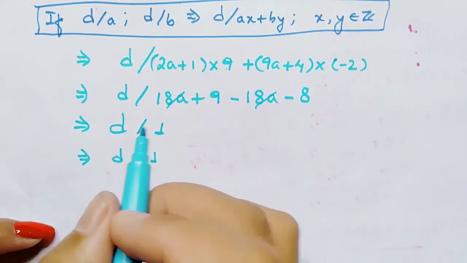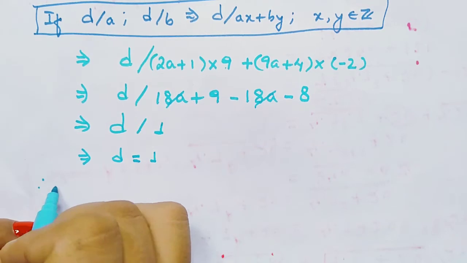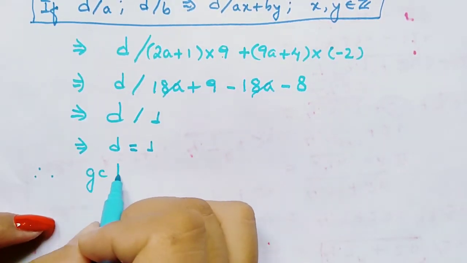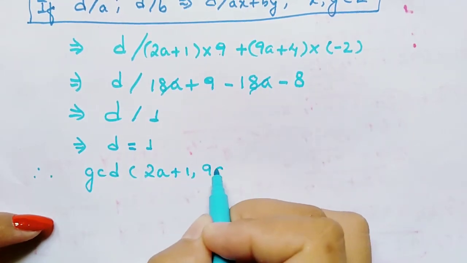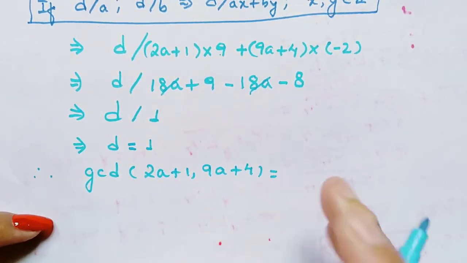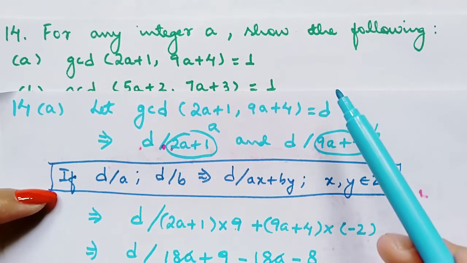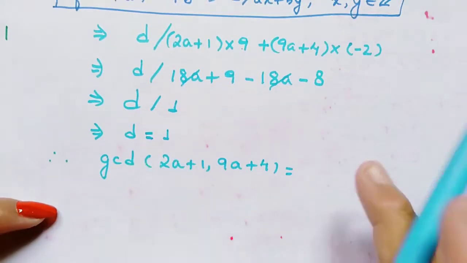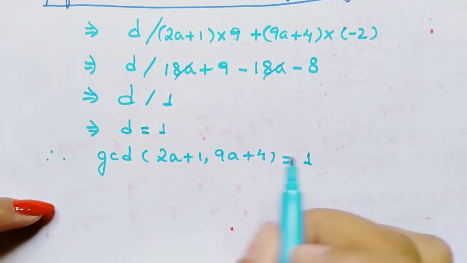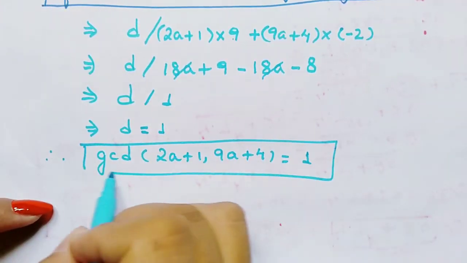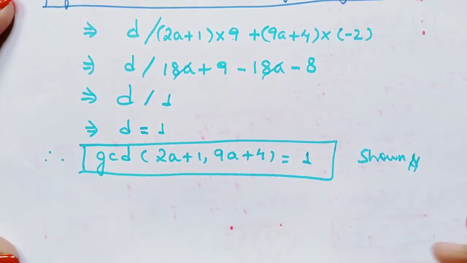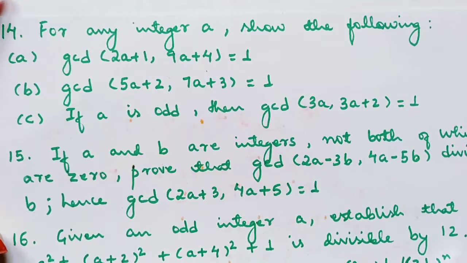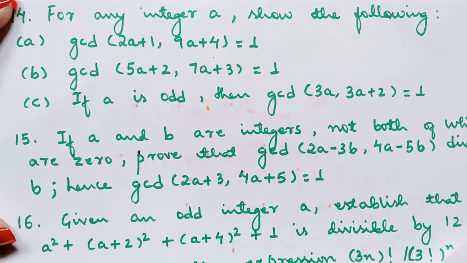So hence the GCD of 2a plus 1 and 9a plus 4 is what? In place of D you put the value 1. Hence we have shown the first one. Now let us do the second one.